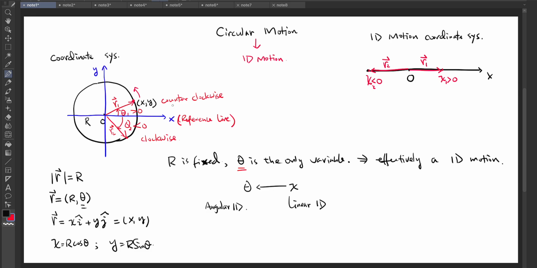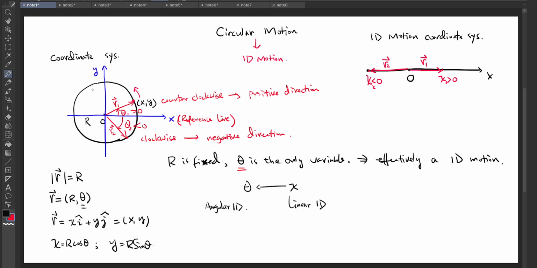So we're going to define this counterclockwise as positive direction, and this clockwise here we're going to define as negative direction. Therefore, we have exactly the same correspondence from the linear 1D motion.